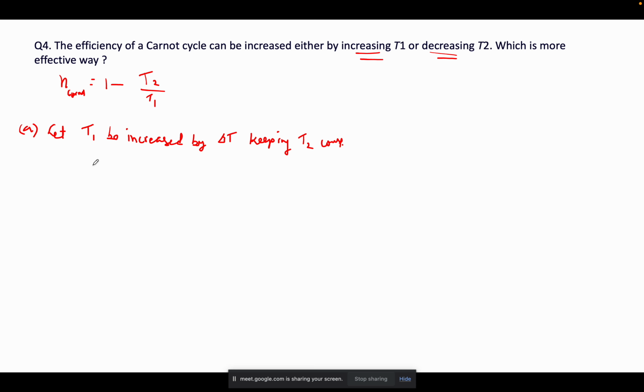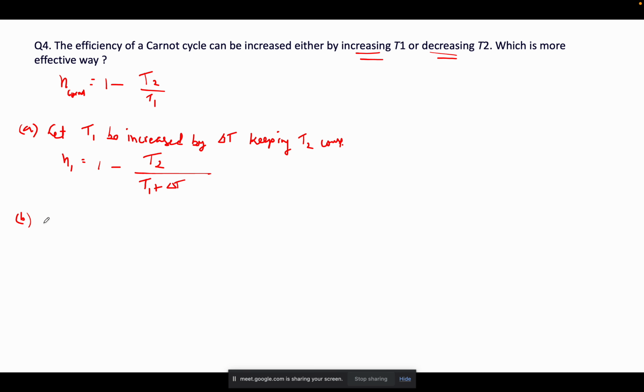Then for the first case, eta 1 will be 1 minus T2 divided by T1 plus delta T. Okay, this is my case 1.